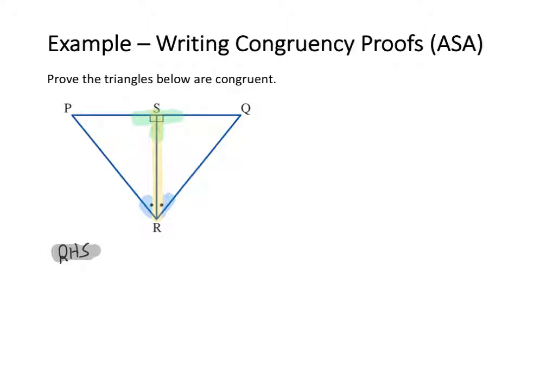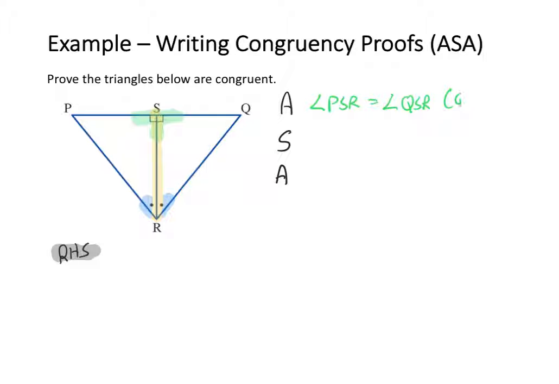So now that I've decided on my rule, I write down my 3 letters vertically, angle, side, angle, and start writing my proof. On the first line, I am going to say what 2 angles that I know are the same. So angle PSR is equal to angle QSR.